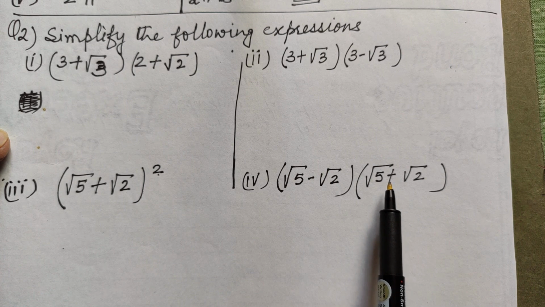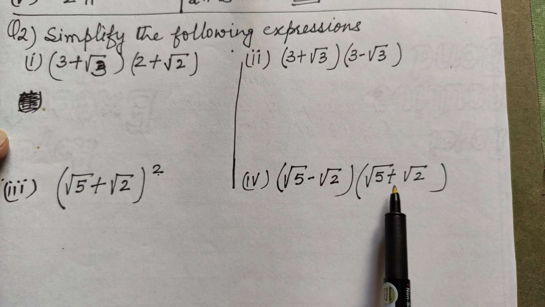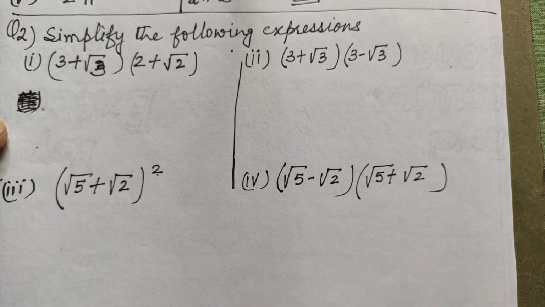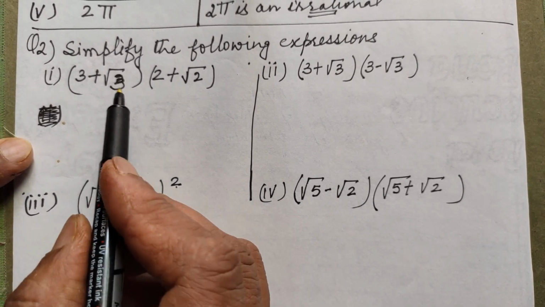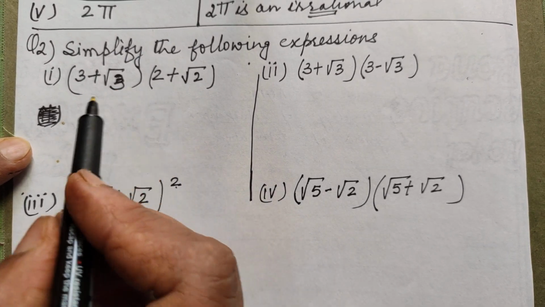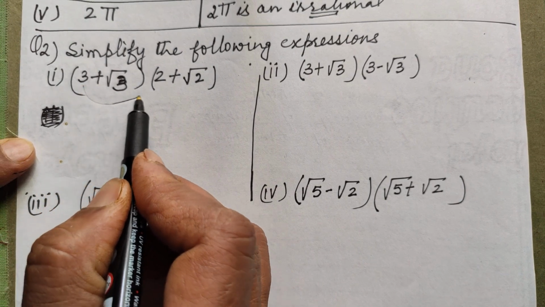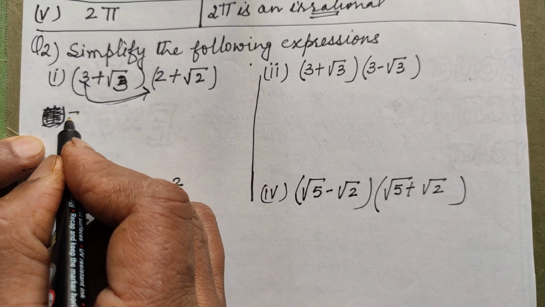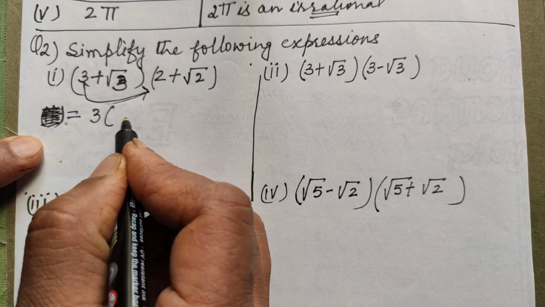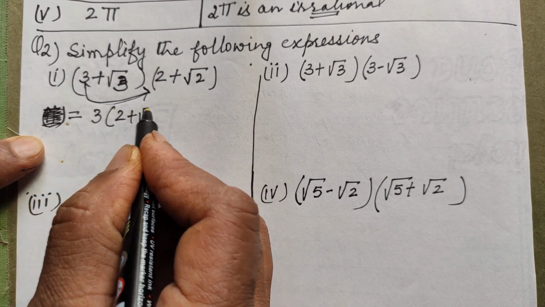And let us now find out the result of multiplication of an irrational number with an irrational number. As you all know, bracket stands for multiplication. So start multiplying. 3 multiplies this bracket. So this can be written as 3 multiplying the quantities in this bracket.